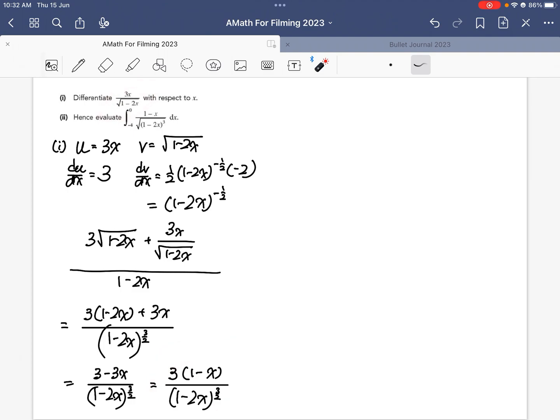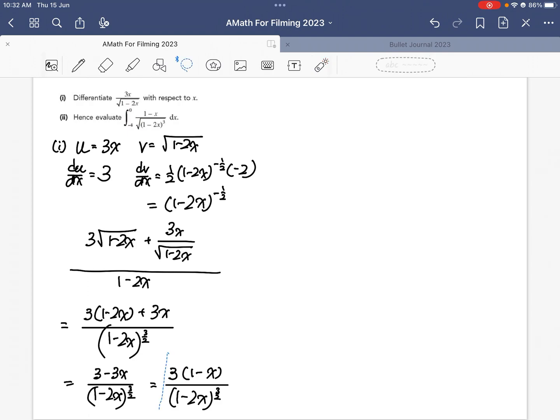Why is this important? Because in part 2, they say hence evaluate. This and these are slightly different. How are they different? There is an extra 3 down here. Don't worry so much.